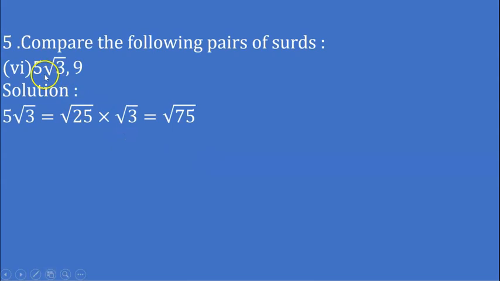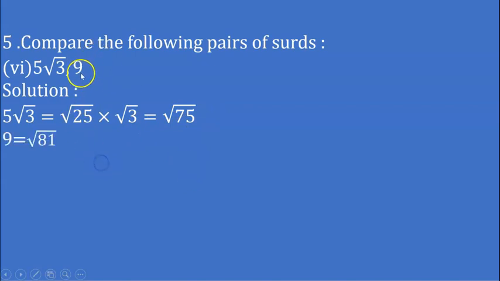Next, 5 root 3 and 9. Now 5 root 3 can be written as 5 is root of 25 into root 3. Again, root of 25 into root 3 means root of 25 into 3, root of 75. 25 into 3 is 75. Therefore, you will get root of 75.